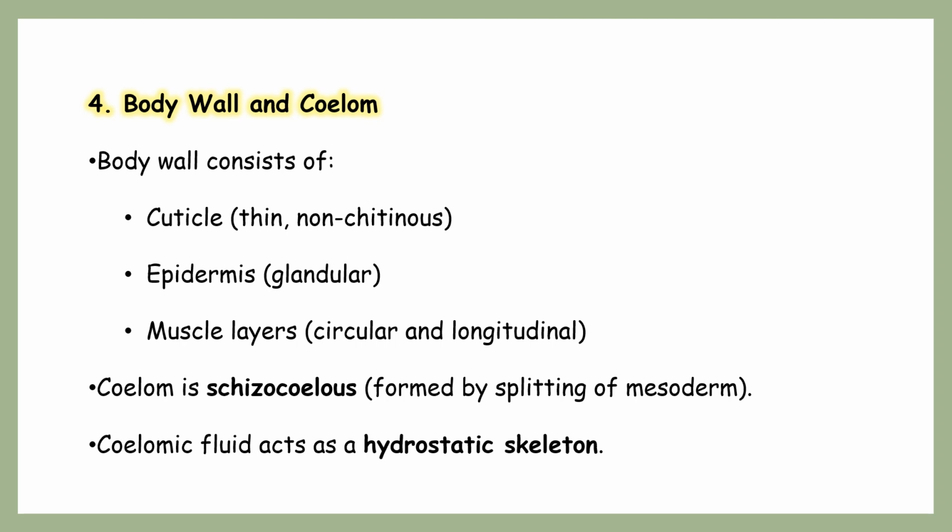This is followed by a very thick muscle layer, which includes both circular muscles and longitudinal muscles. As discussed in the starting slide, annelids have a true coelom, and it is a schizocoelous type of coelom, which means the coelom is formed by splitting of the mesoderm.